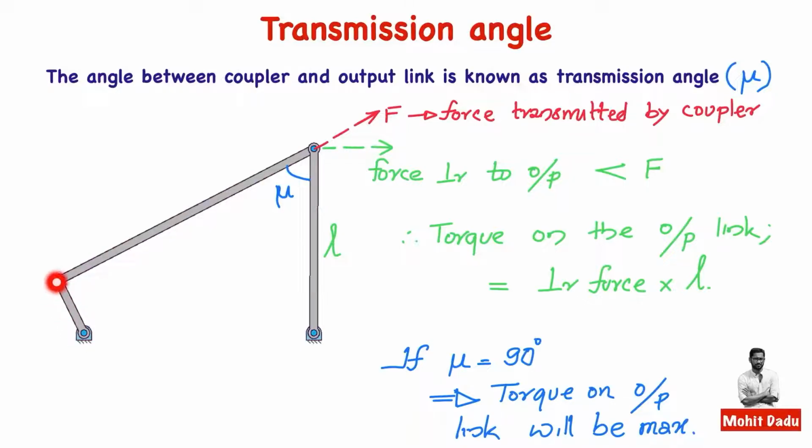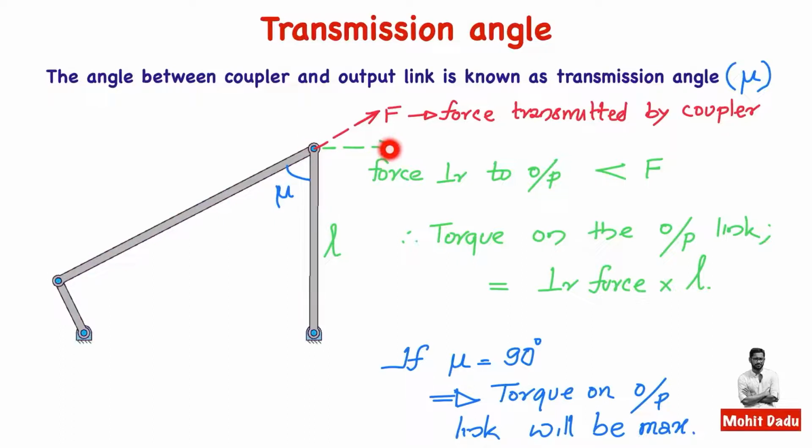The input link is here, which will transmit forces through this coupler, and the force transmitted by the coupler will be in this direction. I am calling this F, the force transmitted by the coupler. The coupler will be trying to rotate the output link, and the entire force F will not be involved in rotating the output link.